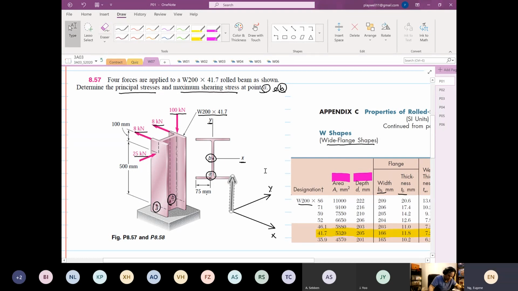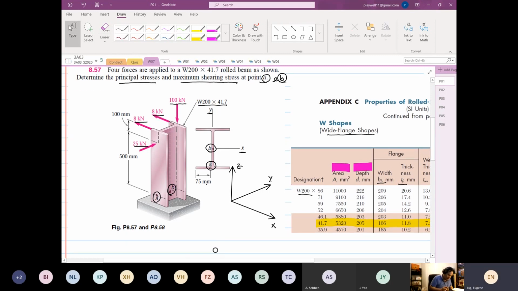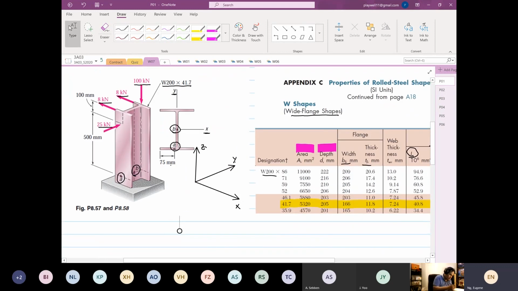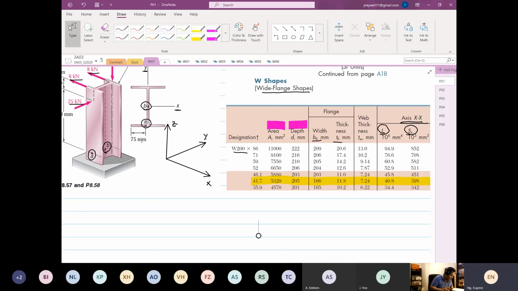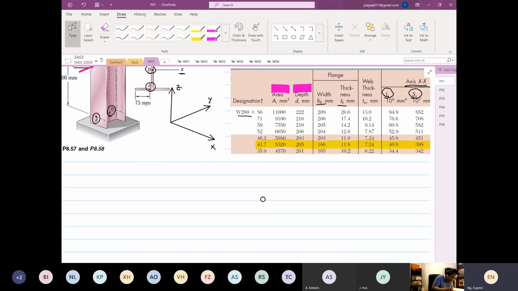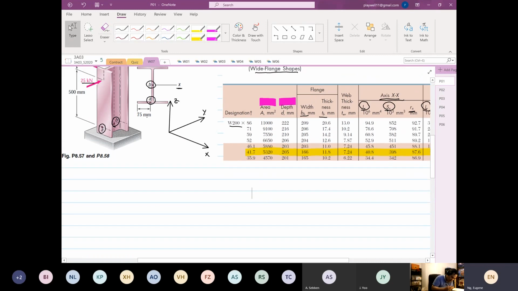Right, so there are two formulas that we're going to use now. Whatever we're going to find is based on axial loading and bending moment.